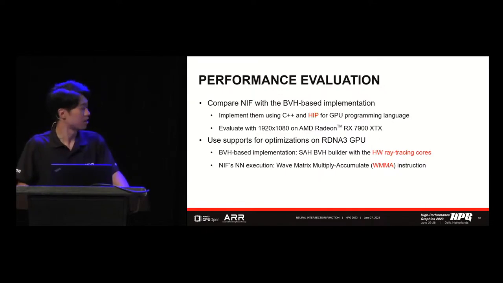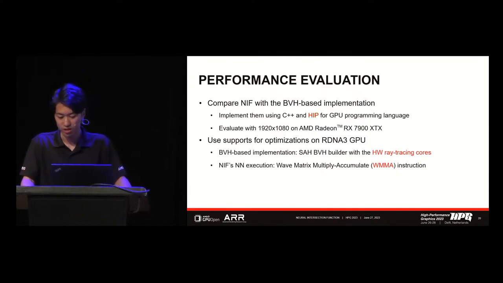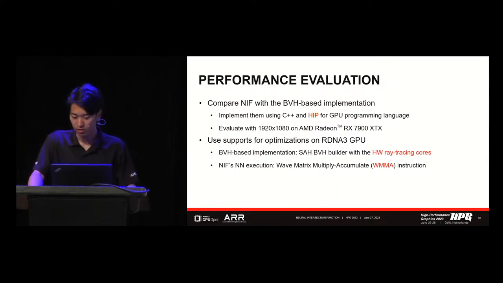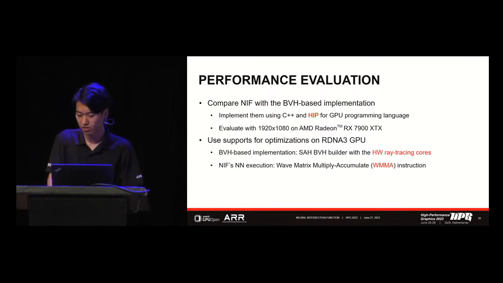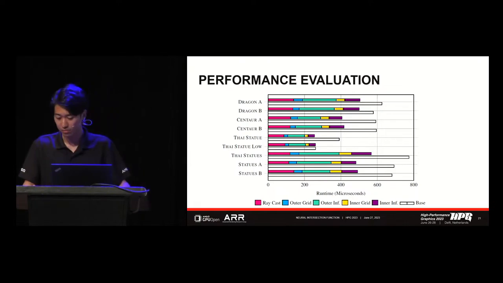And also we use some support on this GPU for the optimization of this implementation. For the BVH-based implementation, it uses a state-of-the-art SAH BVH builder with the support of the hardware ray tracing cores. And also neural network execution on NIF uses WMMA, the wave matrix multiply accumulate instruction. This graph shows the comparison of the secondary ray casting time between NIF and the BVH-based implementation, and we evaluated them with 9 scenes.